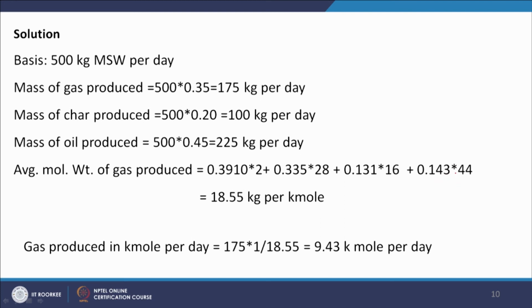Then we get 18.55 kg per kilomole. This is the average molecular weight of the gas produced. Gas produced in kilomole per day is 175 kg per day divided by 18.55, so we get 9.43 kilomole per day. This is the gas production per day.